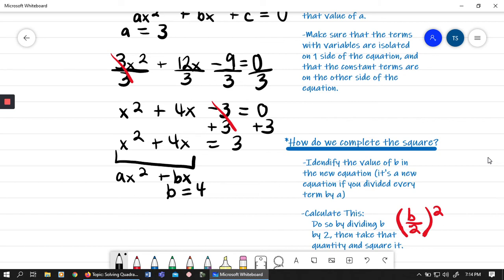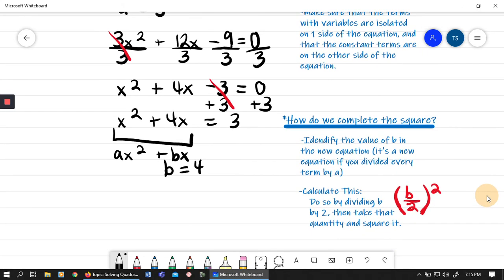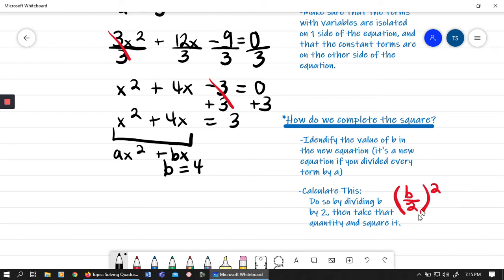Since b is 4, we need to calculate b divided by 2, that quantity squared. The way we calculate that is, first we take our b value, which we just identified as 4, and we divide it by 2.